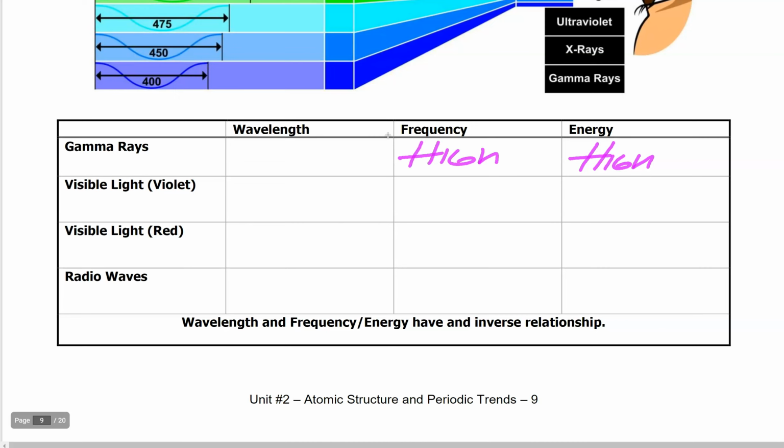Gamma rays, the dangerous radiation, the thing you see in the movies, that's the dangerous stuff. Since it's got high energy and high frequency, it's going to have a low wavelength, or, instead of lows and highs, a short wavelength. But same concept. These are going to be inversely related.